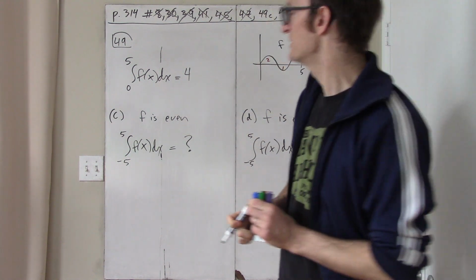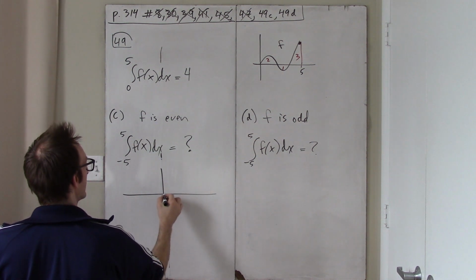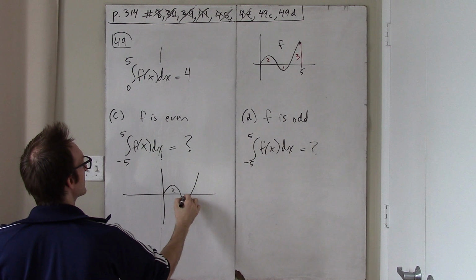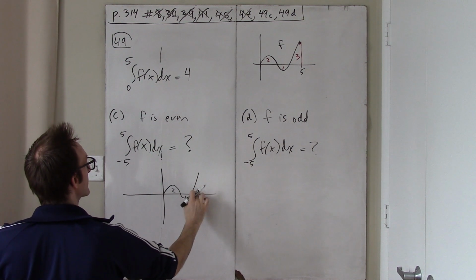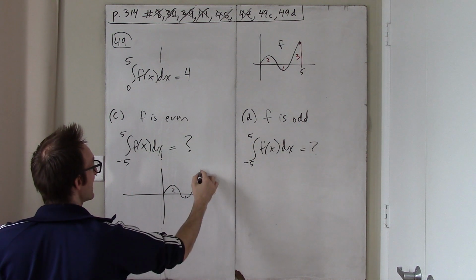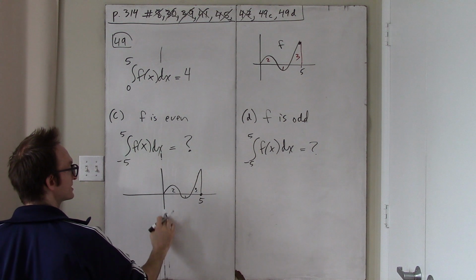Because if this function is even, then whatever it's doing on the interval from 0 to 5, it's just going to do the same thing on the other side.